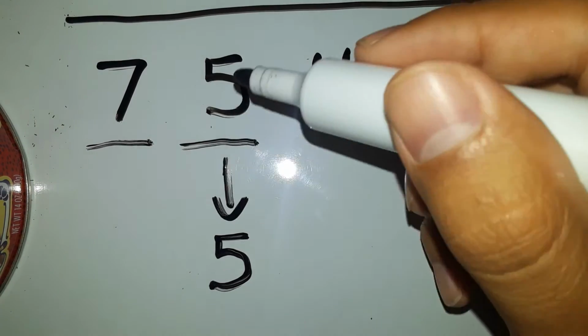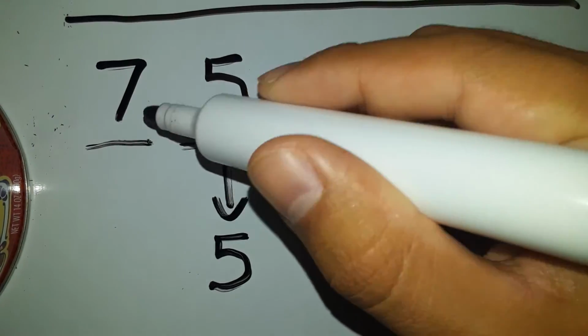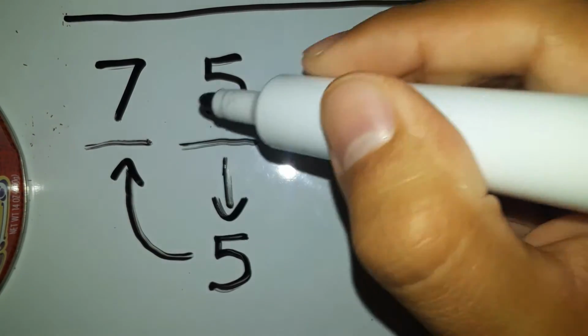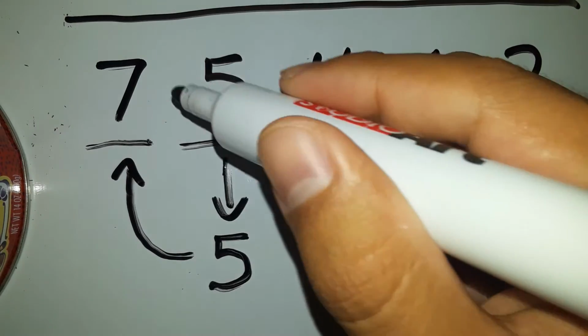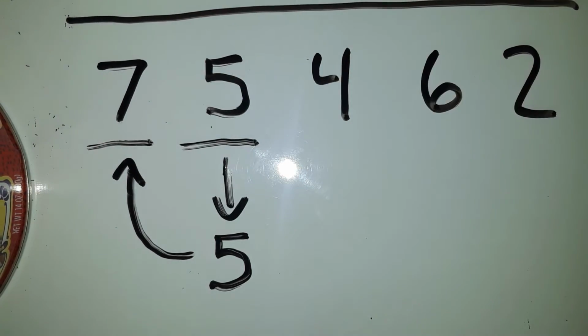So now let's check. Is 5 less than 7? It's not. That means the 5 needs to go in this position here. So what's going to happen is we're going to move the 7 from here to here and then insert the 5.